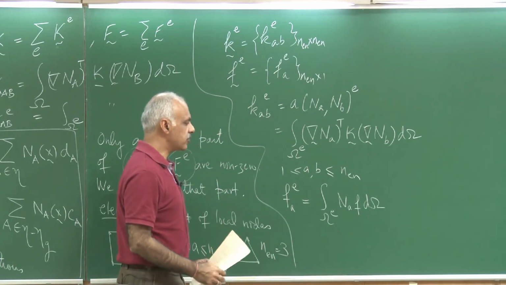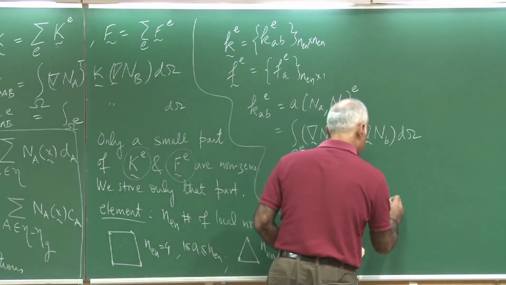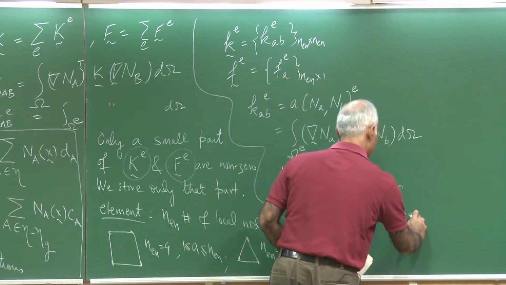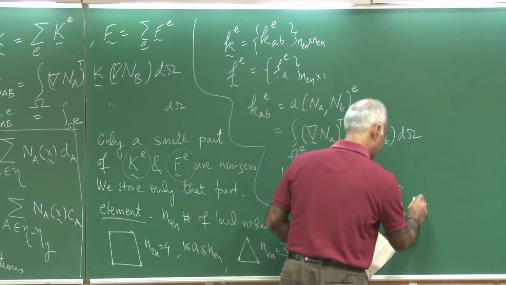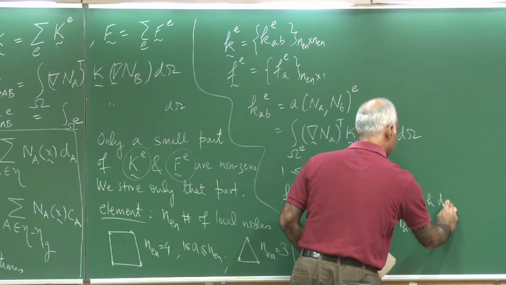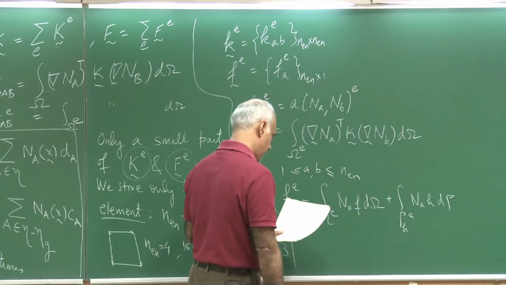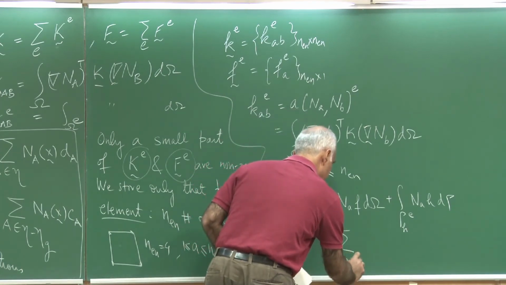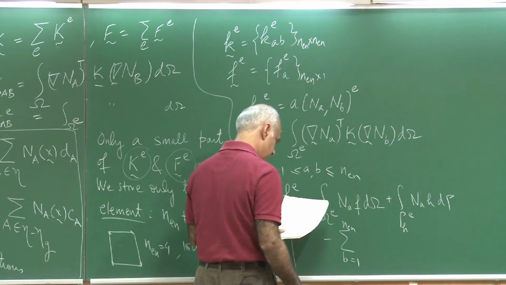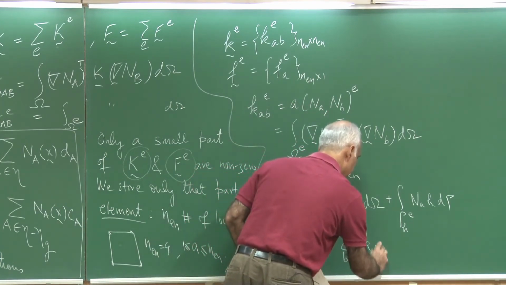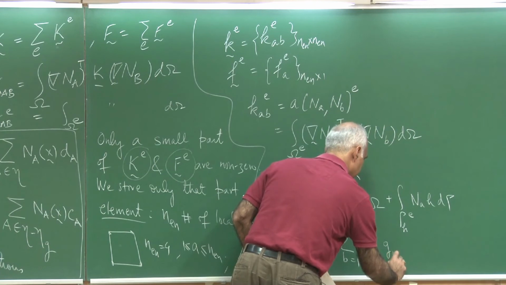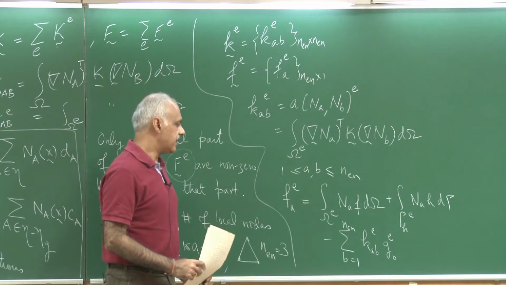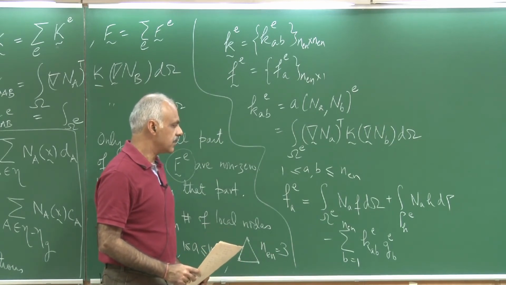So, this is from the heat source, and then the next one is from the Neumann condition, which is actually the heat flux condition, and that is given as Na times h d gamma, and the last one is from the Dirichlet boundary condition, which is the sum from b equals 1 through NEN of Kab E times g b E. And I had explained them in a little bit of detail in an earlier session. You can review those notes that you have.